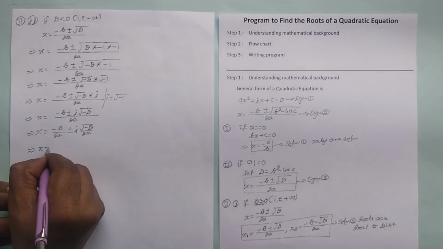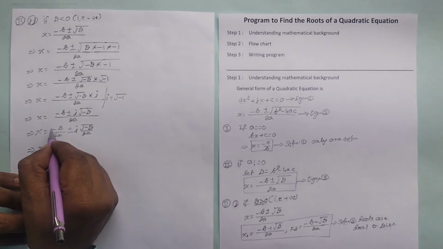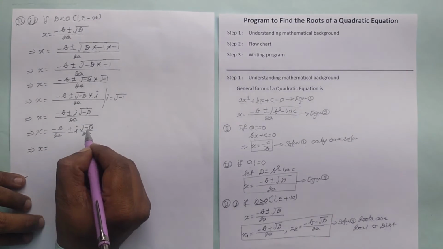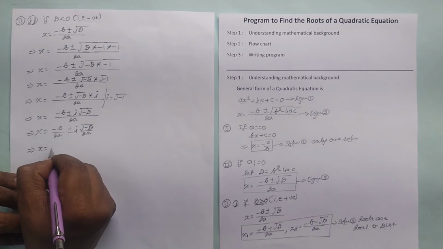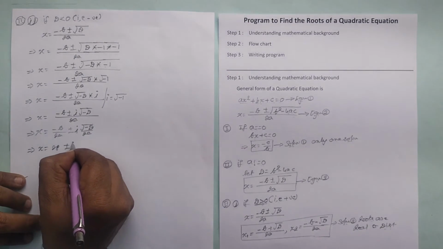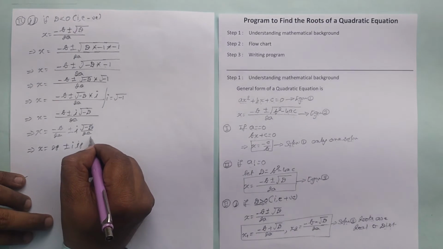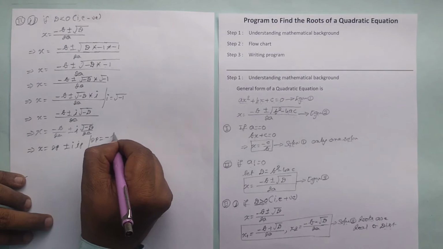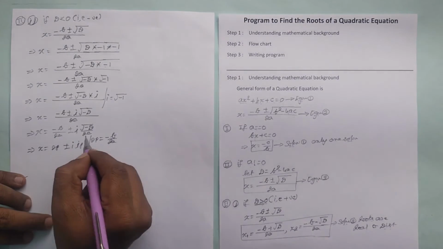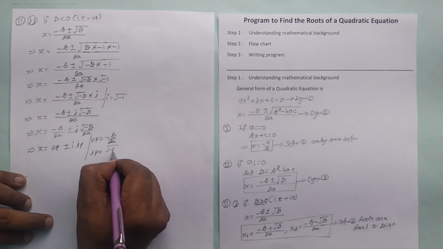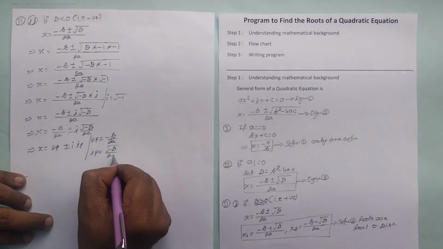Then x is equal to, this is nothing but the real part of a complex number, and this is the imaginary part of a complex number. So let us write it like this: rp means the real part, plus or minus ip means the imaginary part, where rp is equal to minus b by 2a, and ip is equal to square root of minus D by 2a.